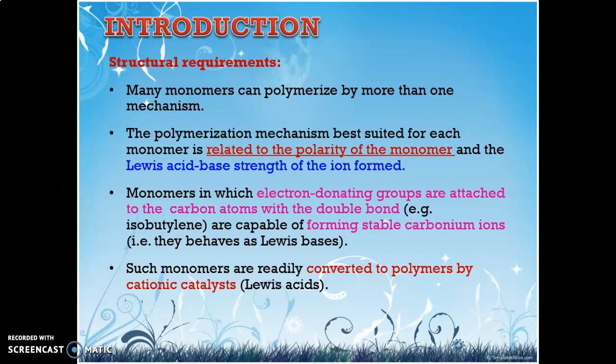So basically, an ionic polymerization involves the monomer with strong electronegative substituent. So it polymerizes in the presence of carbon ion.